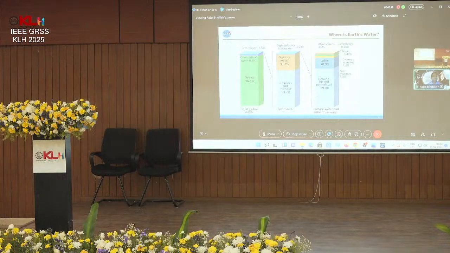So it is this very small component of the water that we are after, because that's what we humans live on, and it is the water that gets recycled all the time. It drives the water cycle of the earth.